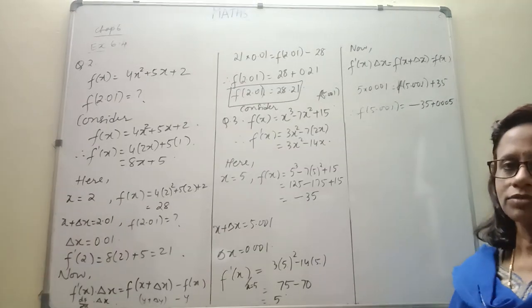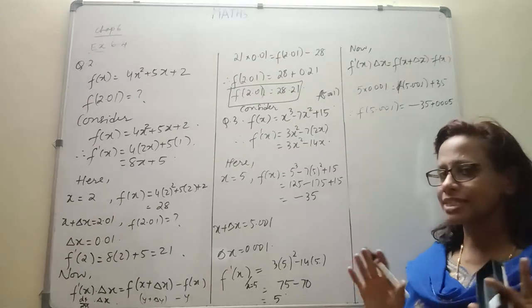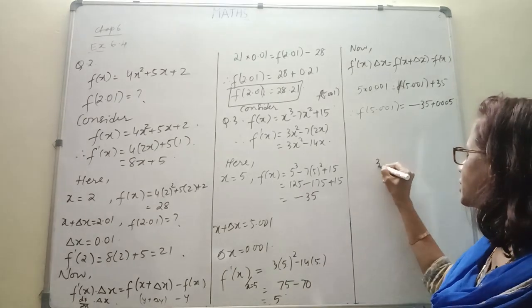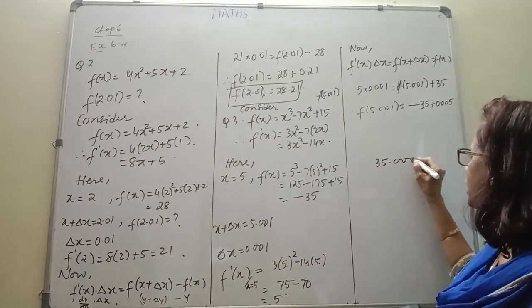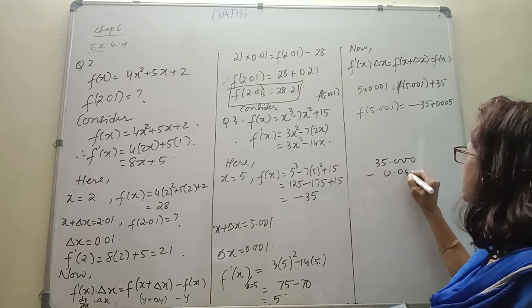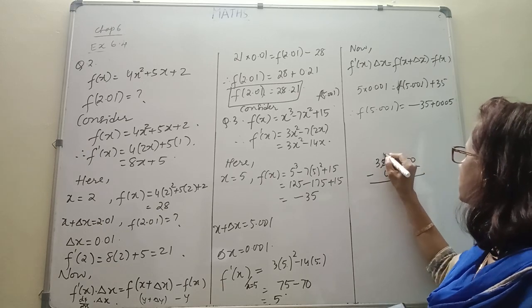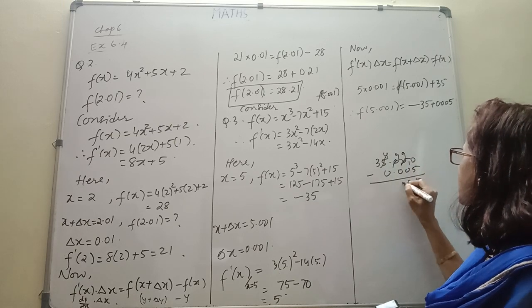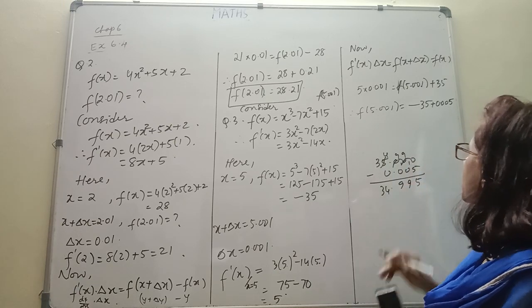Now it's a matter of subtracting, though you can see the sign. So it is subtracting and putting the sign of the bigger number. So let's practically subtract and find. 35 minus 0.005. 5 becomes 4, 10 becomes 9, 10 becomes 9, 10, 5, 9, 9, 34.995.